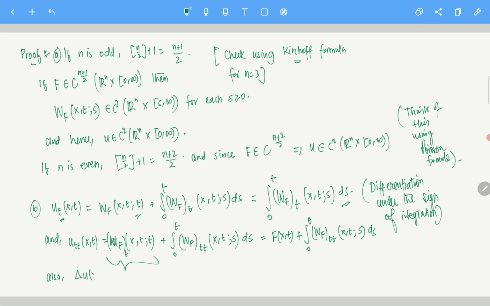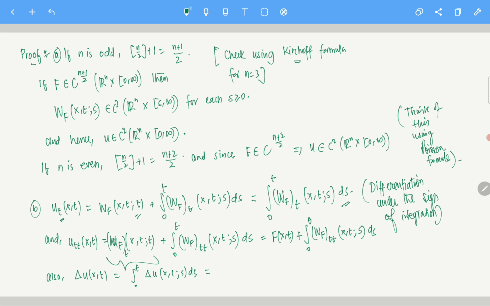Also, Laplacian of u x,t, what is it? This is nothing but the integral from 0 to t of Laplacian of u at x,t,s ds, right? Why? Because this integral is with respect to the time variable, and I am doing the differentiation with respect to the spatial variable, so I can just take it inside, and this is what I have. And that again, see here, sorry, what am I doing?